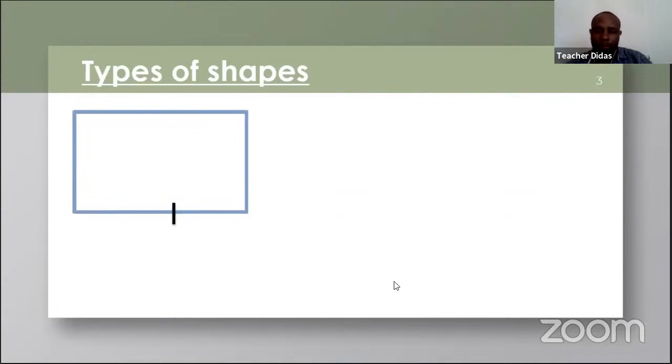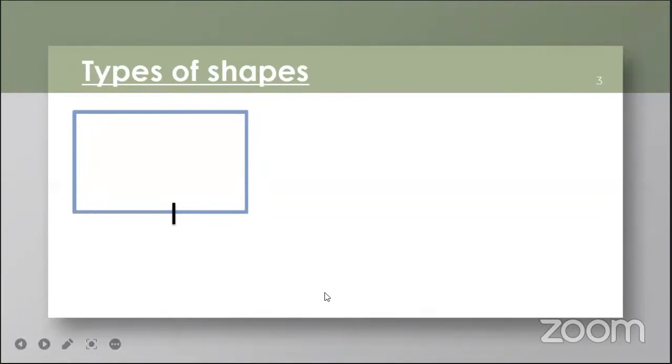Now, let's look here. Okay, it has two equal sides, a rectangle. That is Kate. Let me hear from Kate. Maybe Kate may be having an answer. Kate, go on and tell me. Yes, Kate. Because it has two equal sides. It has two equal sides. Okay.